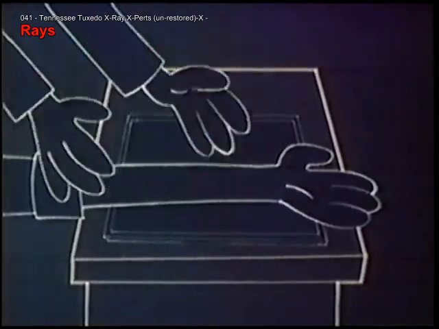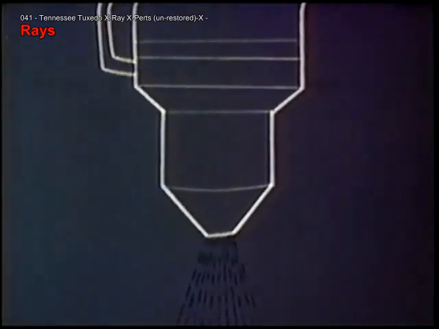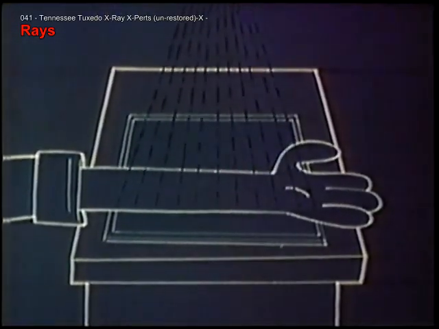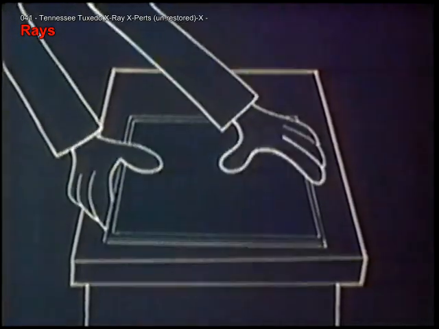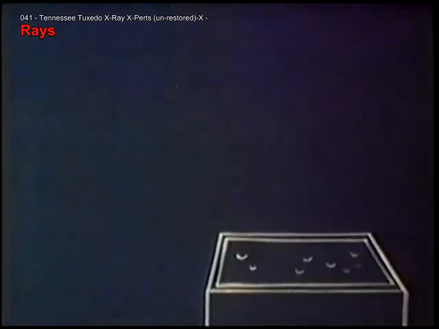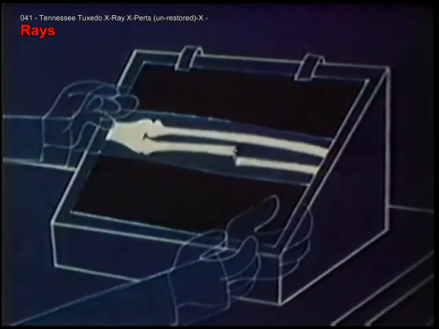The man's arm is put between the X-ray tube and special film, and the X-rays are turned on. Now, X-rays can go through flesh much more easily than they can through bone. So this makes the bones cast a dark shadow and show up clearly. Then, when the negative film is developed, the darkest portions become the lightest, and this makes the bones very clear.